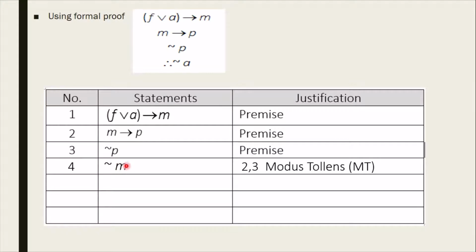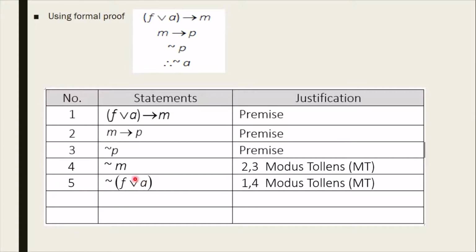Now, using our premise number 4, which is not M, we can proceed to premise number 5, and using our premise 1 and premise 4, we can use the modus tollens again to arrive at a conclusion not F or A. Now, as you notice, this is a negation of disjunction.